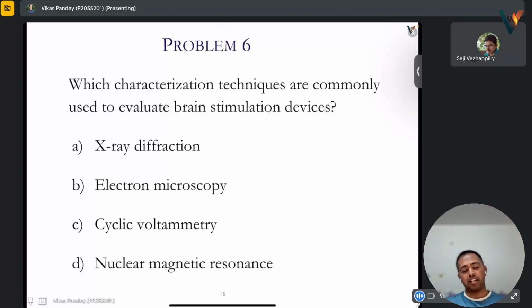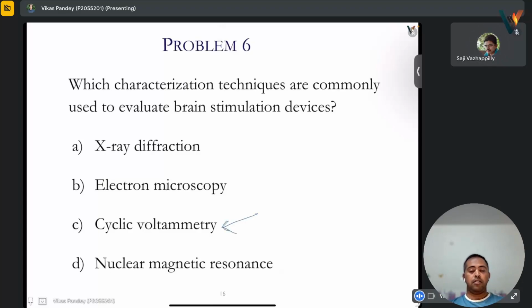We have to check it multiple times to ensure we are getting the type of pulse or current we want. So what are the techniques? Is it X-ray diffraction, electron microscopy, or cyclic voltammetry? I don't know, sir.